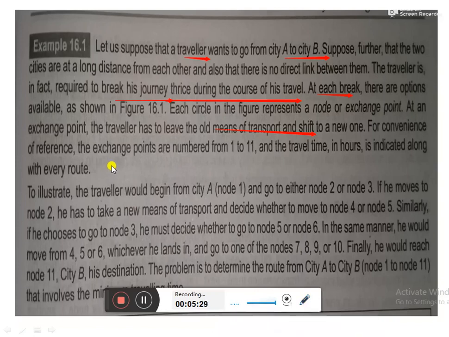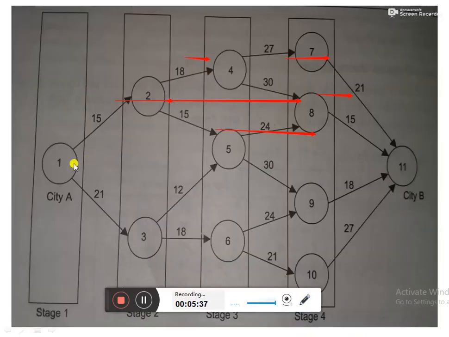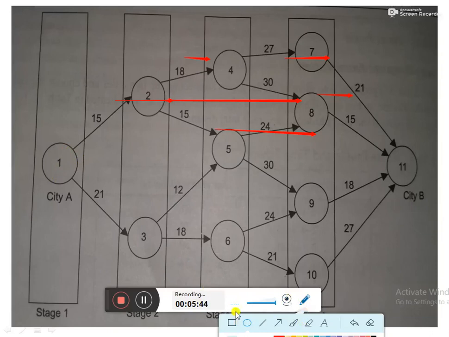The information given in this problem can be understood by drawing a diagram like this. The traveler has to travel from city A, that is this one, to city B. So from this point to this point, the traveler has to travel.